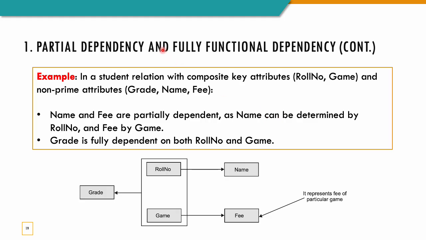Meanwhile, the fully functional dependency occurs when a non-prime attribute depends on the entire composite primary key. In other words, if you need both parts of the primary key to determine the attribute's value, it's a fully functional dependency.